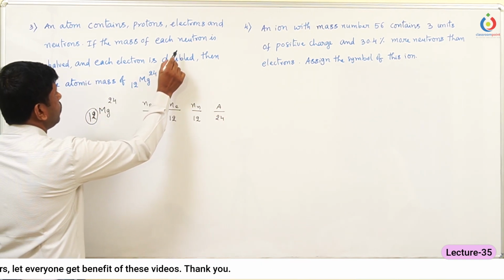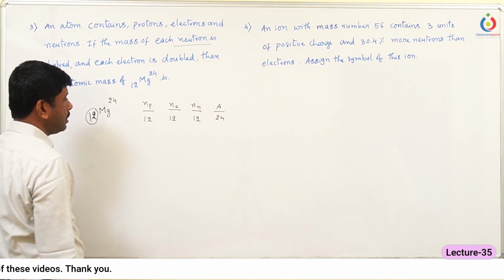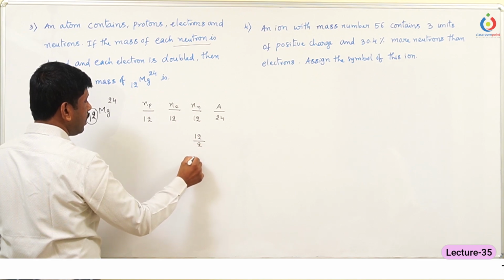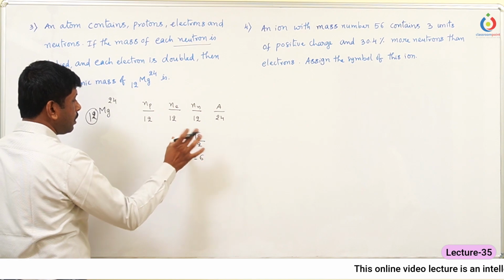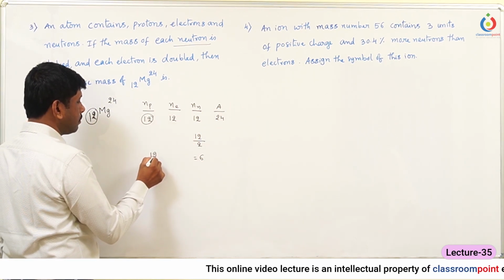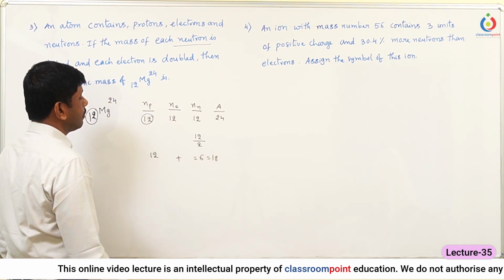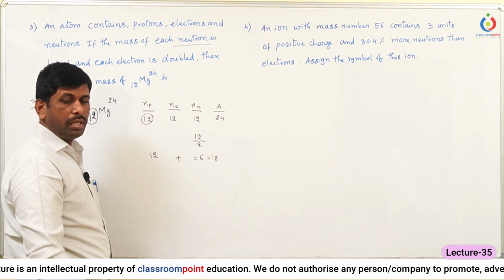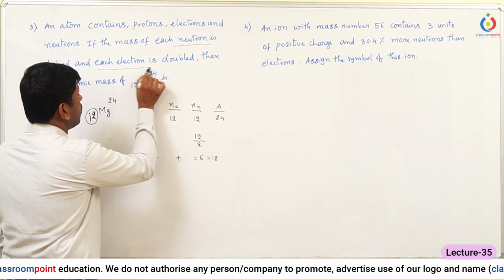The mass number is given anyhow, equal to 24. Here what they did is the mass of each neutron is halved. So 12 divided by 2 equals 6. So the mass of the neutrons becomes half, and the mass of the protons is as it is. So 12 plus 6 equals 18, the mass of protons plus neutrons after halving the neutron mass. And each electron is doubled.